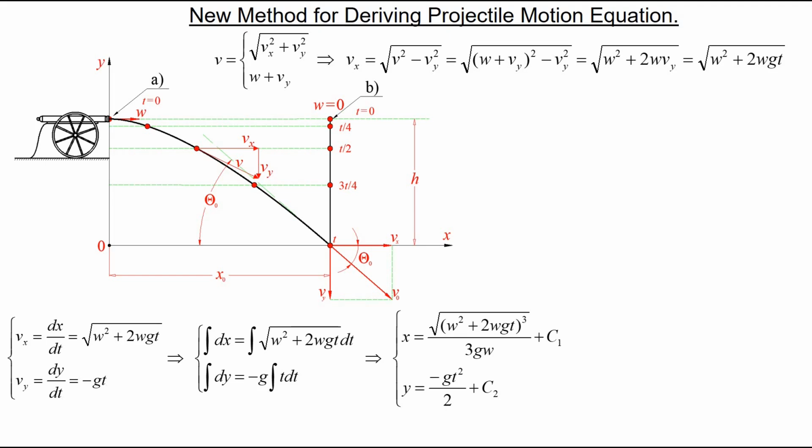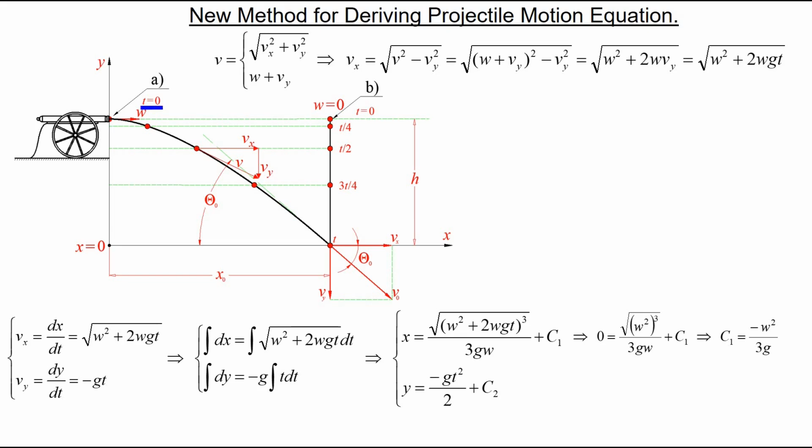To solve for integration constants c1 and c2, we apply the initial conditions to our scheme. At moment t equals 0, the projectile location is at x equals 0. Thus, integration constant c1 is equal to 0. Integration constant c2 is solved under the initial condition at moment t equals 0.